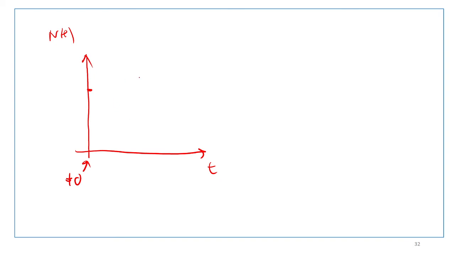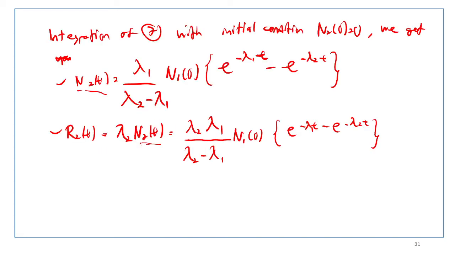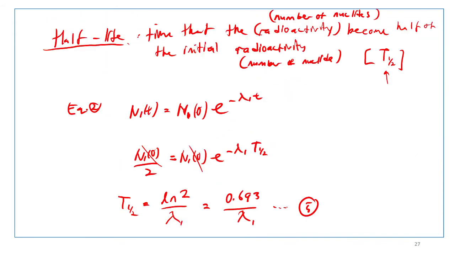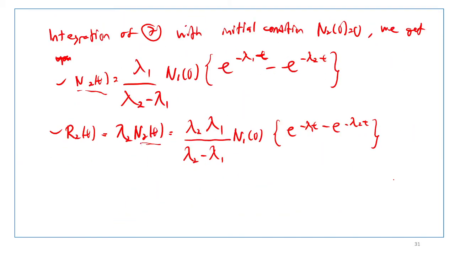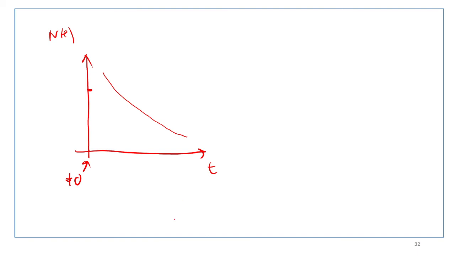So roughly, this is N1(t), same with this figure. And N2(t) will look approximately like this. So it increases and then it decreases.